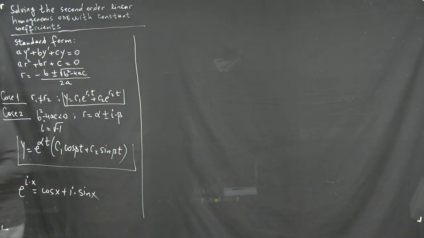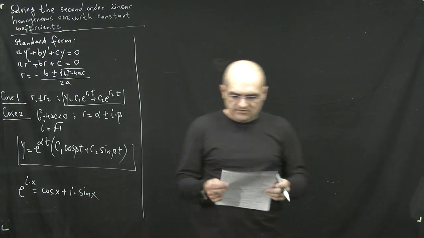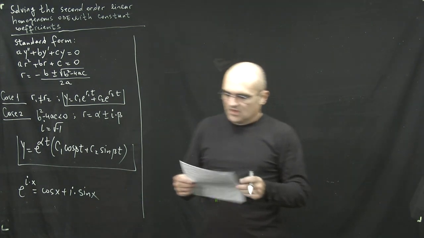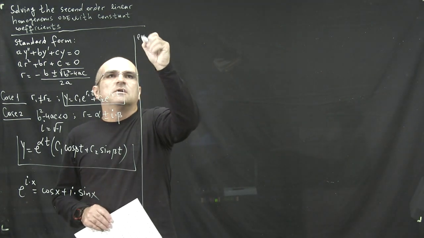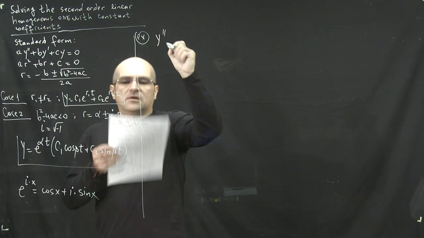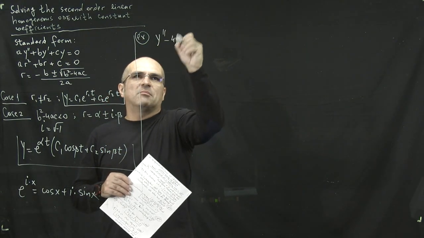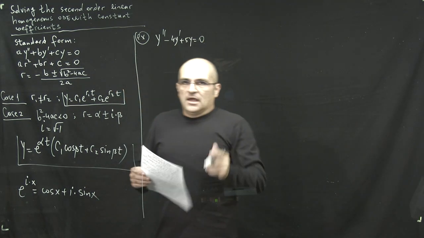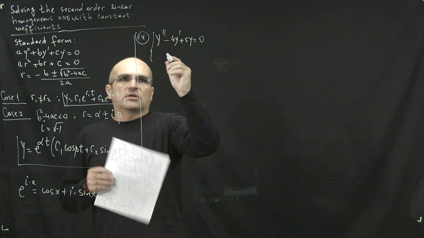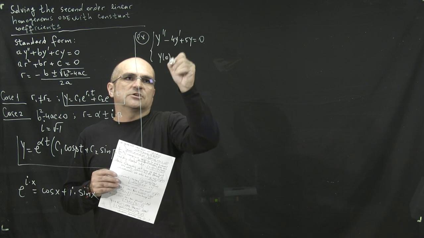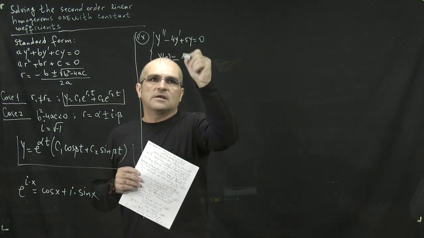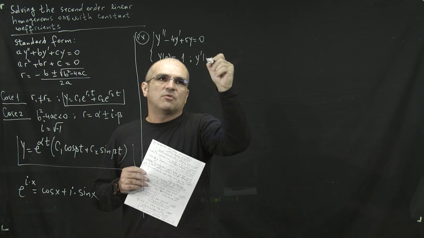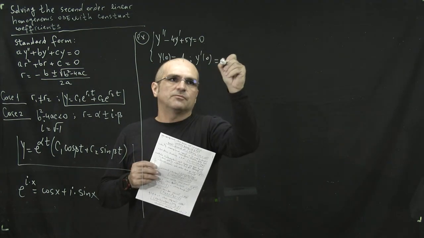And this time let's actually write down an initial value problem maybe. So suppose y double prime minus 4y prime plus 5y equals 0. And like I said, in the second order case, you need two initial conditions. So y of 0 equals 1, let's say, and then y prime of 0 equals minus 2.